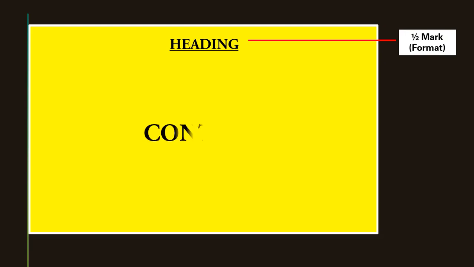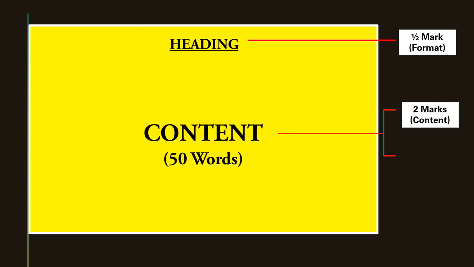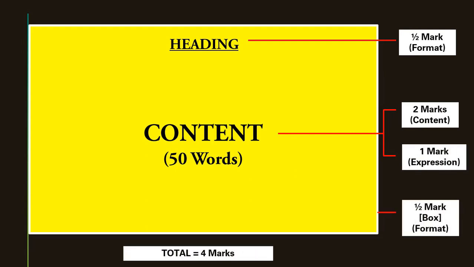Okay, so let's see how the advertisement works in class 11th and 12th. First, you have to write the heading. That gives you half a mark and it comes under format. Then it's the content, which is of 50 words, and it gives you 2 marks, 1 mark for expression, and the half mark is for the box, and this comes under format.